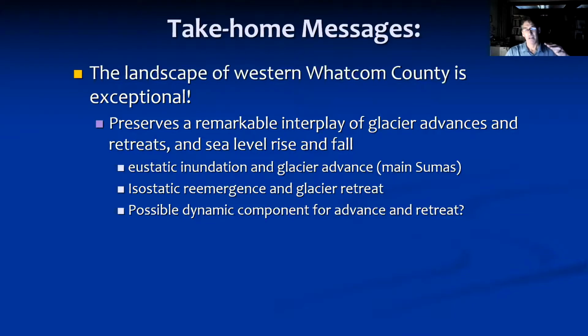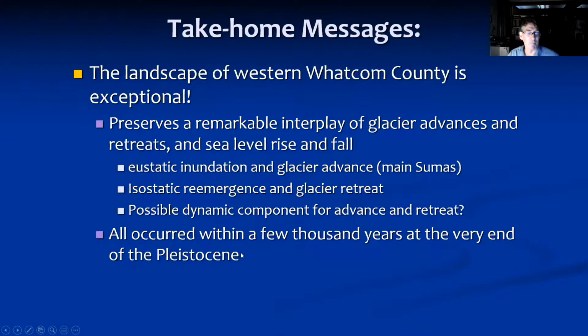Then as the rebound drove sea level down, the glacier started getting hung up and started retreating again. So maybe there is a possibility that this is more of a dynamic response of the ice sliding rather than climate change. All occurred within a few thousand years or less at the very end of the Pleistocene. So it's a very unusual period where things are kind of going crazy, it looks like.